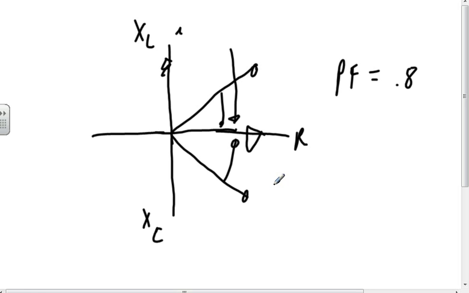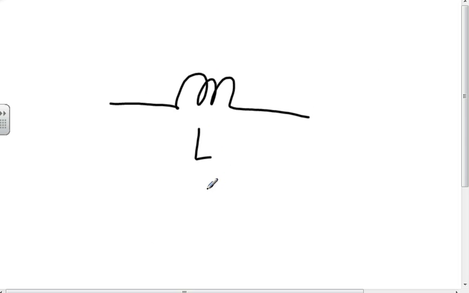All right, now, I got this inductor. There it is. It's a coil of wire. It has some inductance L, but it also has some resistance R. So the windings of the wire have some resistance. If I have 1,000 feet of 22 gauge wire, it's going to have some resistance associated with it.